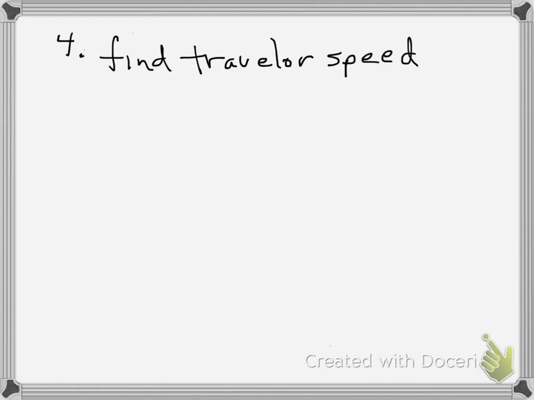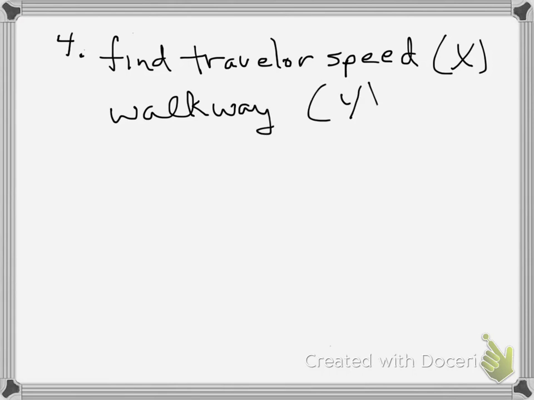So we need to find the traveler's speed, which we'll call x, and the walkway speed. We'll call that y.